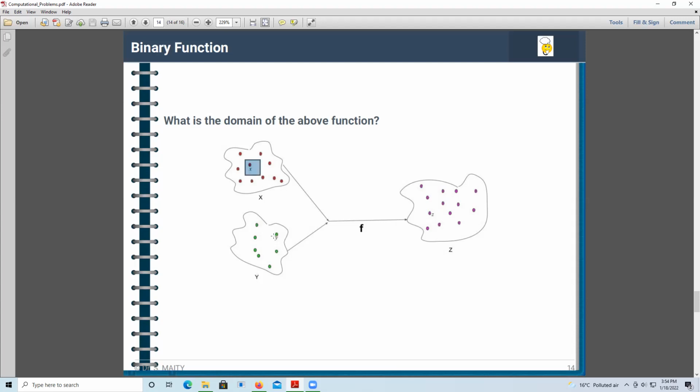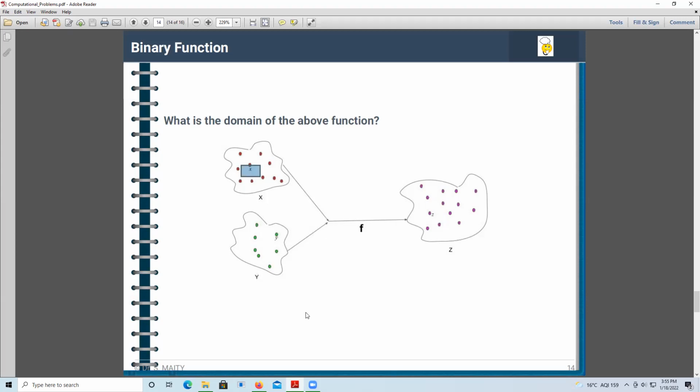These two inputs, small x from X and small y from Y. And then you are operating, and then you are producing one element belonging to Z, capital Z. So what is the input? Sir, ordered pairs x, y. Yeah, the ordered pair x, y.